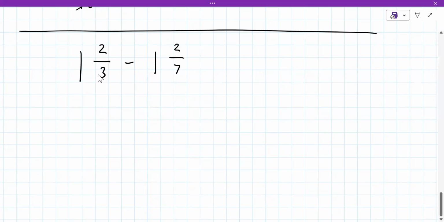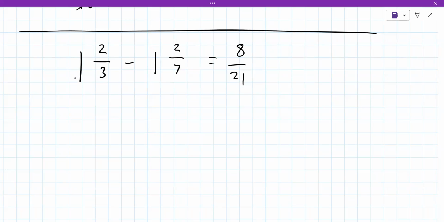The 2/3 is bigger than the 2/7, so you don't have to worry about borrowing from the 1. 8/21. You got it. That was a good, challenging problem.